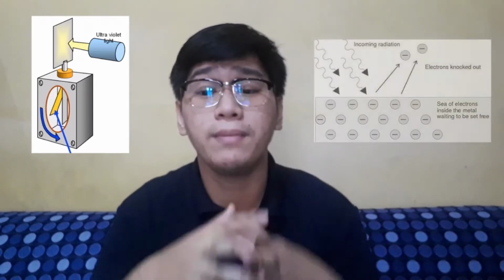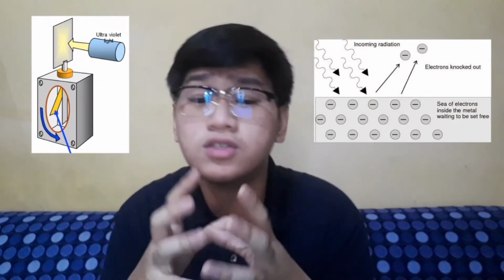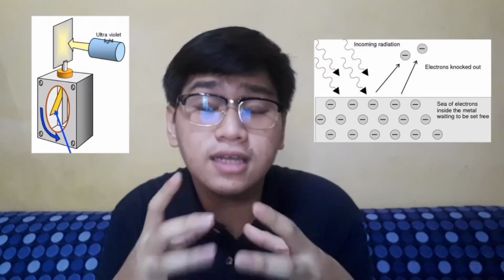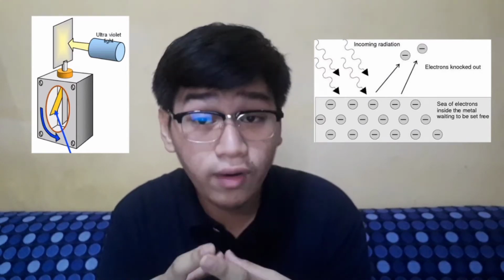For example, when a metallic piece is taken and a source of light is present, and the light is allowed to be incident on the surface of the metal, then electrons from the surface of the metal get ejected, and the ejected electrons are called photoelectrons. Why are they ejected? Because they are ejected by the action of photons.